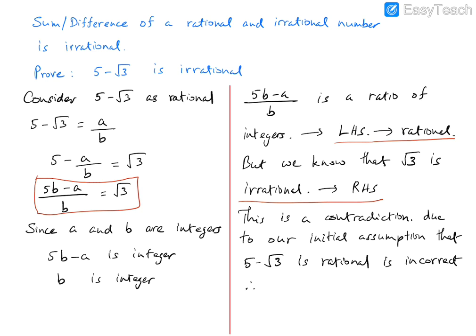So therefore we can conclude that 5 minus root 3 is indeed irrational.